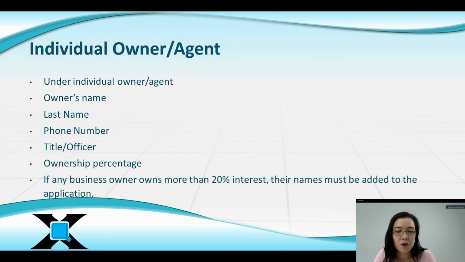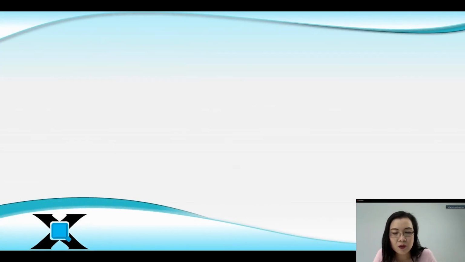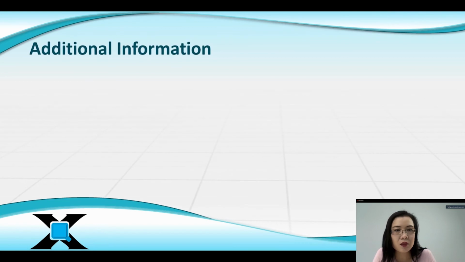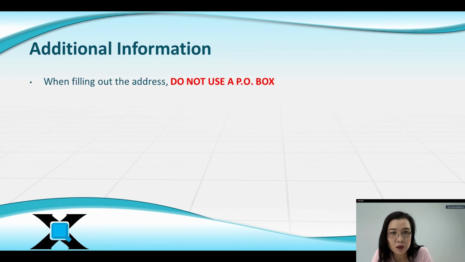Yes. Before we go through this section, I do want to piggyback or mention something that you mentioned yesterday that's pretty important. I think you did mention that when they fill out the address for their business, it's very, very important that you don't use a PO box.